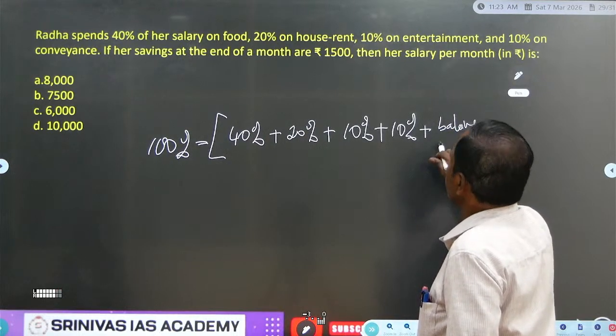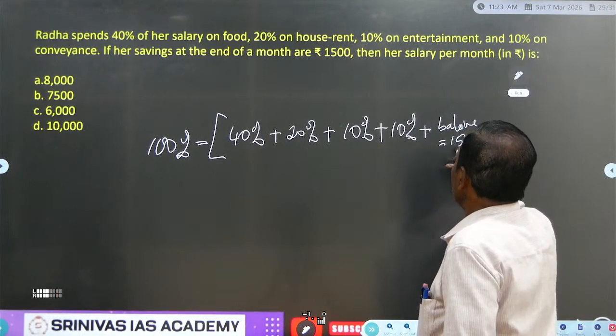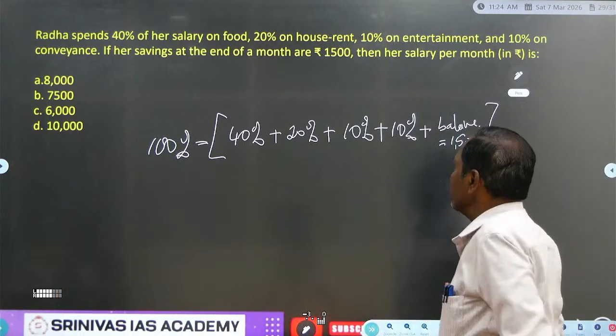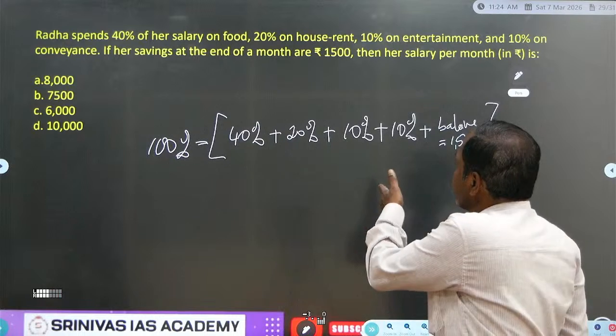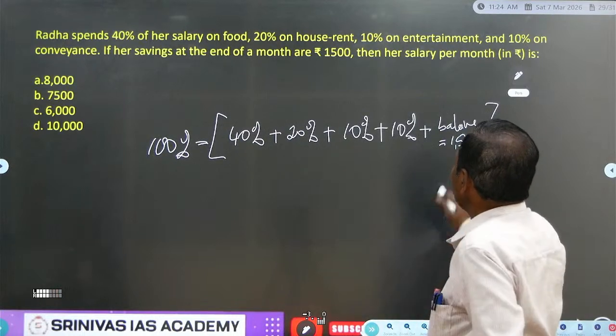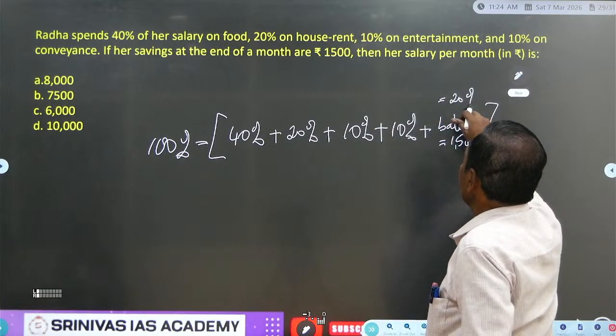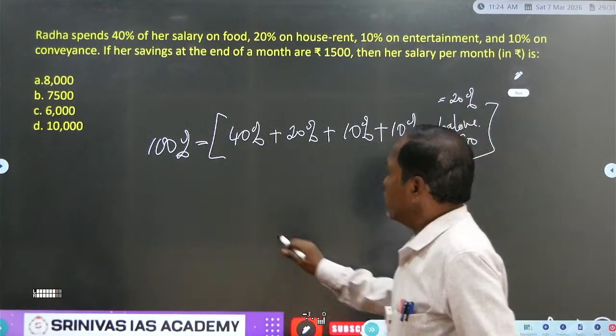The balance is 1,500. Now, what is the total? 40 plus 20, 60, plus 10, 70, plus 10 is 80%. This is equal to 20%. Right, 20% is equal to 1,500.